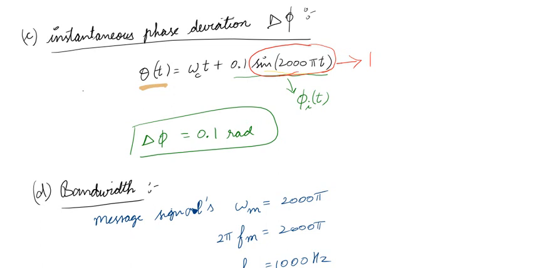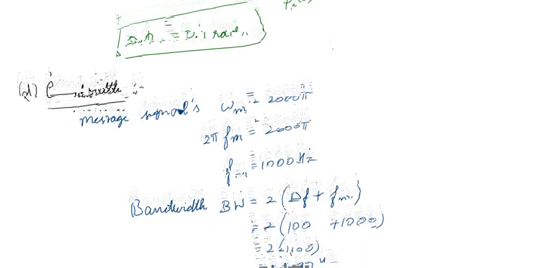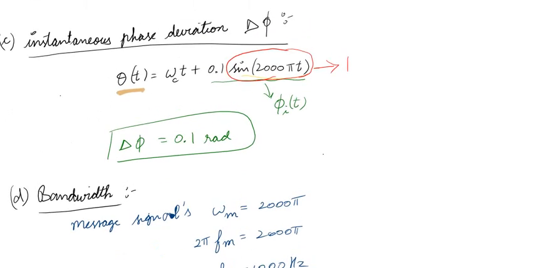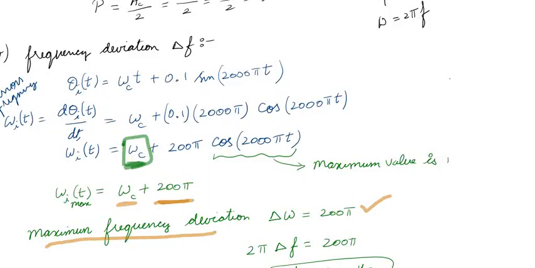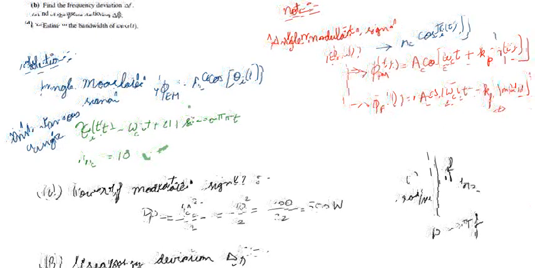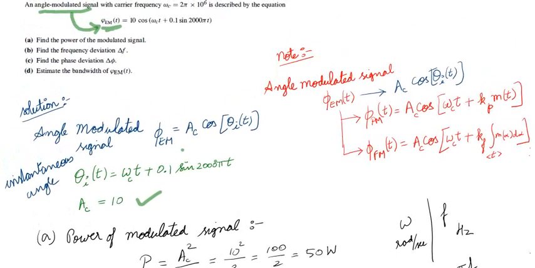The next question is: what about the bandwidth? We know the relation: bandwidth is 2 times (delta f plus fm). What is delta f, the frequency deviation? We found it to be 100. What is fm, the message signal frequency? From the question we can easily find the message signal. Comparing with the expression omega c t plus kp m(t), this would be your message.